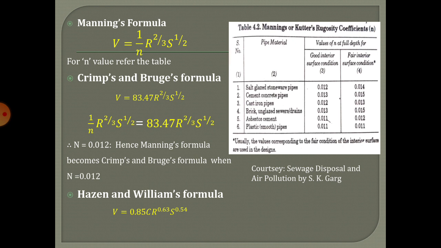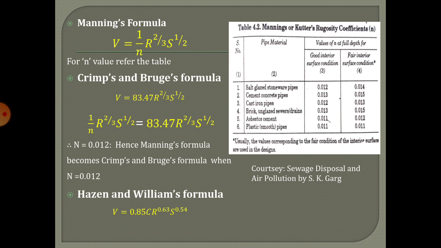For calculating the V by Manning's formula, you can refer to the N value from the given table. In the Crimp and Bruges formula, given by these researchers, V is equal to 83.47 R raised to 2 by 3 into S raised to 1 by 2.